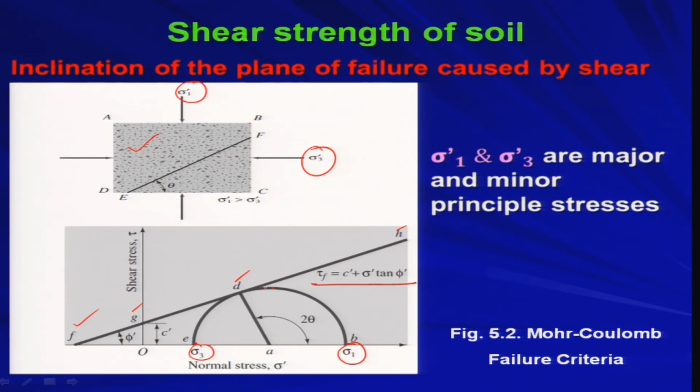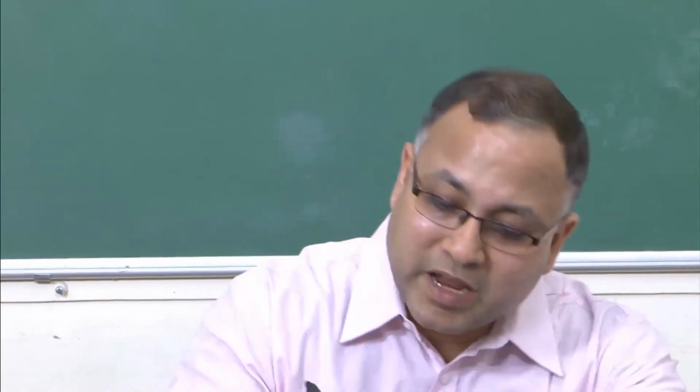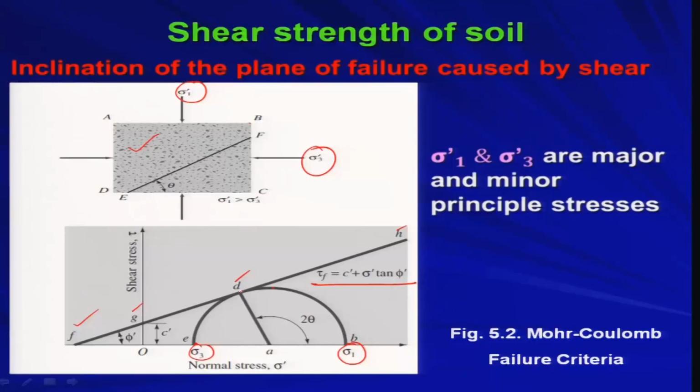No. So, the maximum shear stress or the maximum normal stress is not saying anything about the failure, whereas you are getting the failure somewhere else. Where? When the Mohr circle is touching the failure envelope at point D. The failure envelope is tangential to the Mohr circle at that point D, and that point is telling about the failure.